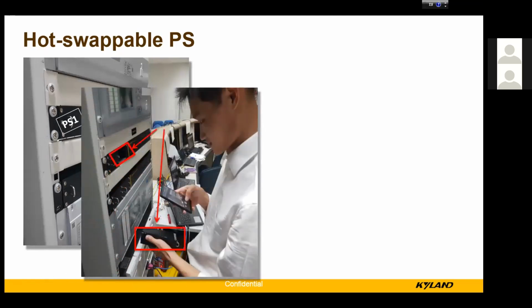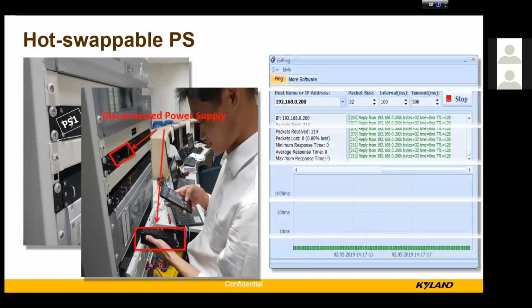And if I plug out one power source and continuously ping this device, you can see that in this period there is no packet loss. With this function, we can easily fix a power source failure in the substation and not influence the normal operation in the substations.